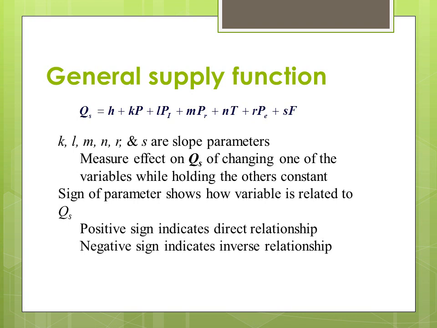So positive signs indicate a direct relation. Direct relations mean both the dependent variable and the independent variable move in the same way. A negative sign indicates an inverse relationship. So if the relationship is direct, that is positive, and if the relationship is indirect, that is negative.